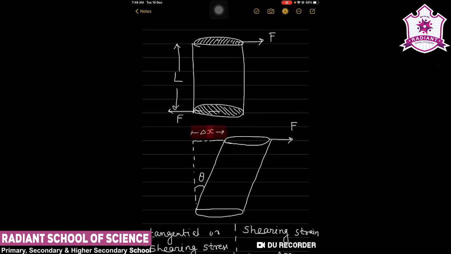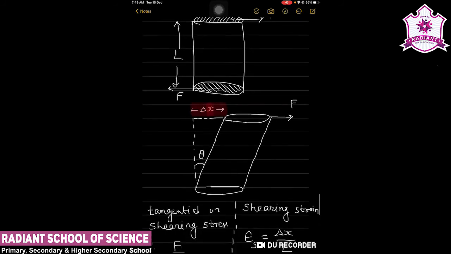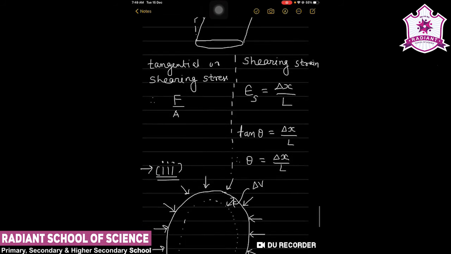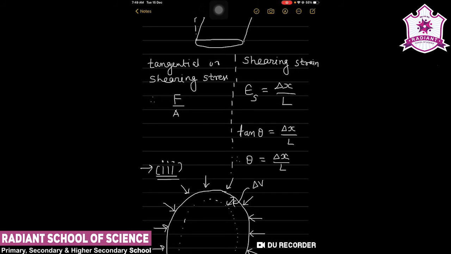Again it is defined in the same manner: the tangential restoring force upon unit cross sectional area. But for strain, here it is an interesting thing, how to define strain.